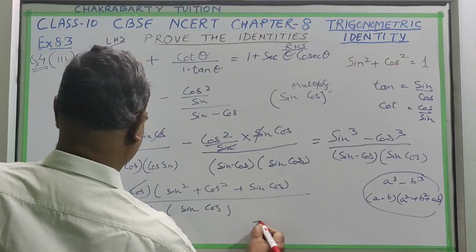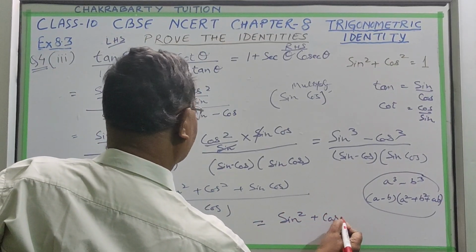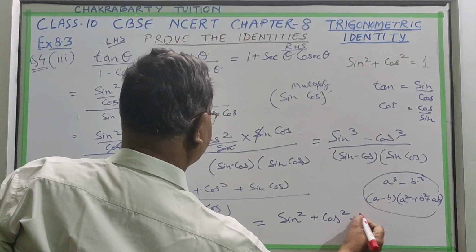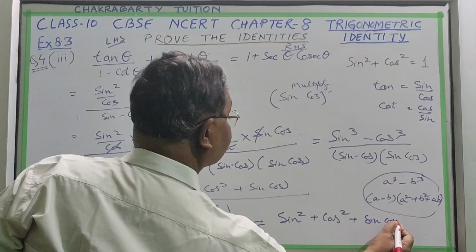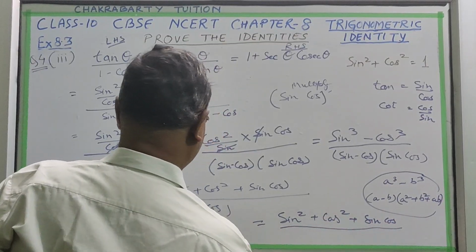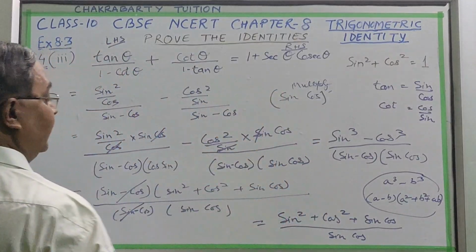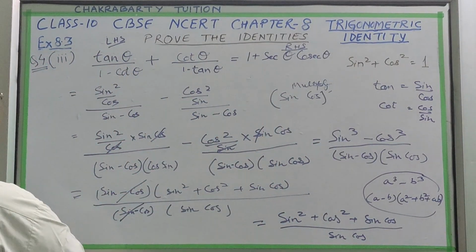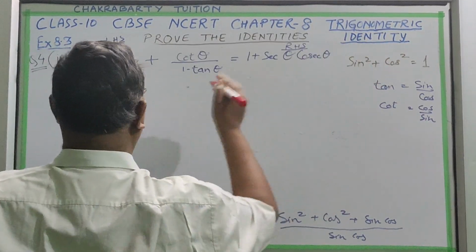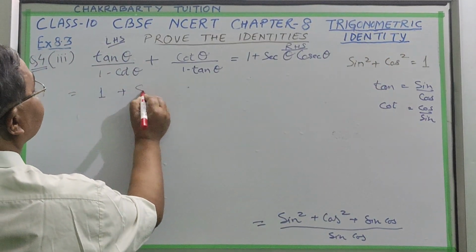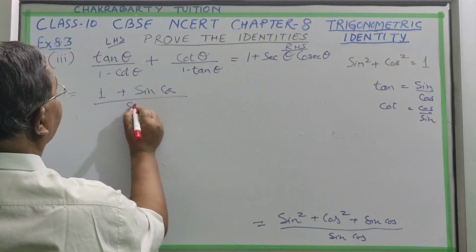Or here we can write sine square plus cos square plus sine cos, and lower side sine cos will remain. Now I am rubbing and we will go further. From here we are writing now. So sine square plus cos square equal to 1 we can write, plus sine cos we will write. And lower side also it is sine cos.